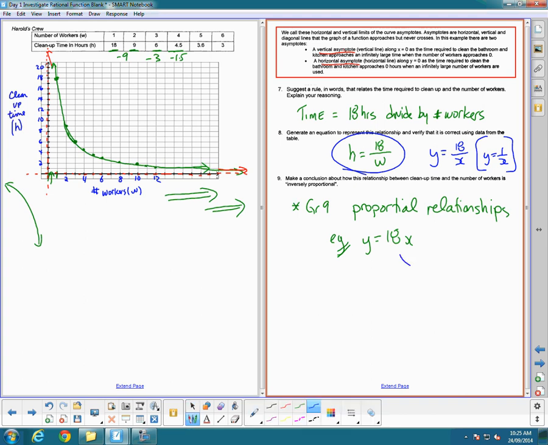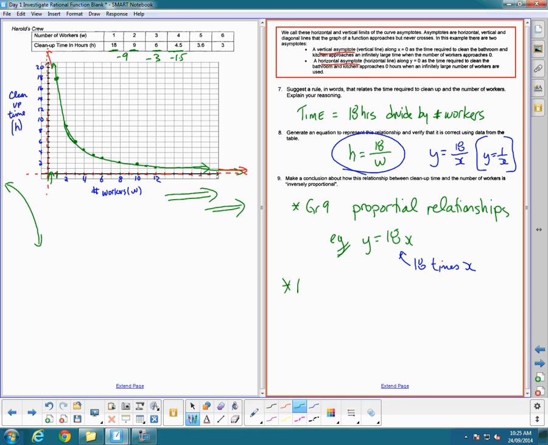This was 18 times x. So if you got paid $18 an hour to work and you worked more hours, then your number would increase by x.